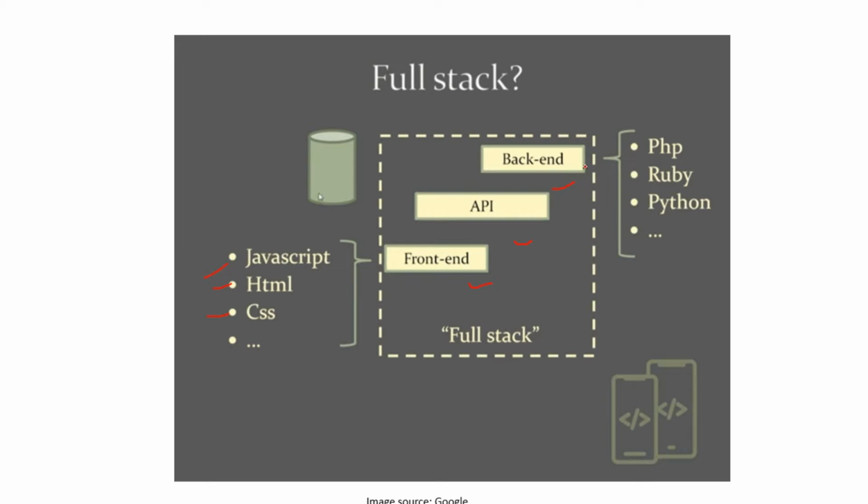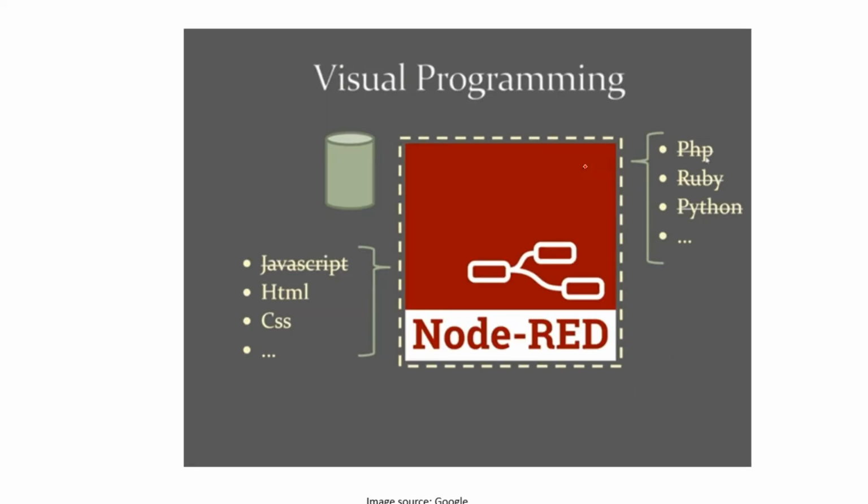Similarly, to configure the backend, we are supposed to write programs using PHP, Ruby, Python, etc. Now we are going to reduce the task of the backend by using visual programming, so we are going to use Node-RED. We are not going to write anything for the backend in a specific language, and even JavaScript is not required much. Using the basic concepts of HTML and CSS, you can develop a full stack using this visual programming through Node-RED.